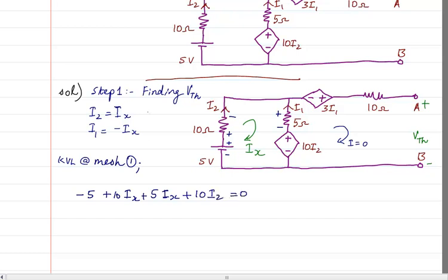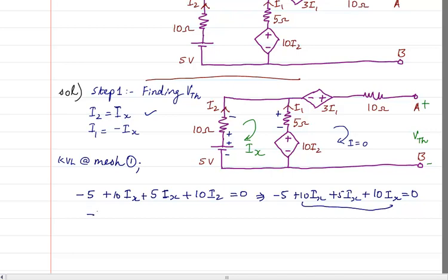Now we already have seen here that I2 is equal to Ix. Therefore I can write this as minus 5 plus 10 Ix plus 5 Ix plus 10. Now instead of I2, I will write Ix, and that is going to be equal to 0. Now all the Ix components I can group together. So I am having 10 Ix plus 5 Ix plus 10 Ix, so that will totally give me 25 Ix.